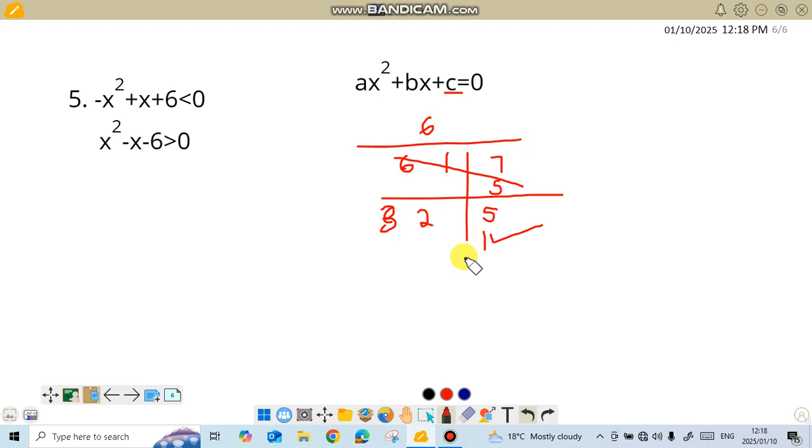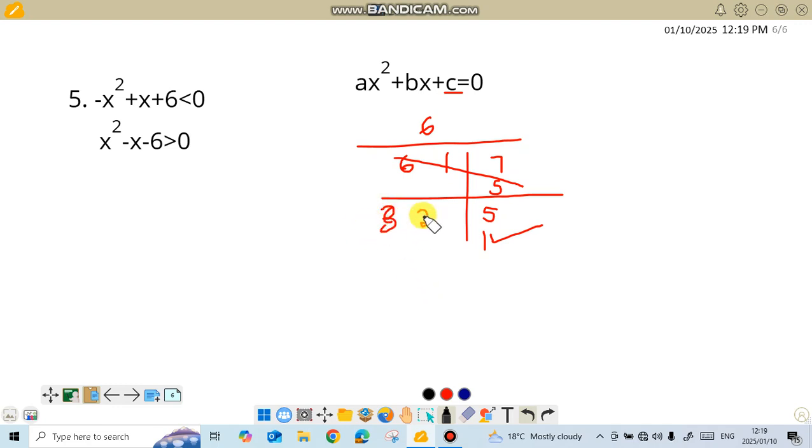So another thing that we need to check here is c, because c is negative. So what do we know about c being negative? When c is negative, it means those two factors that we have will have different signs.